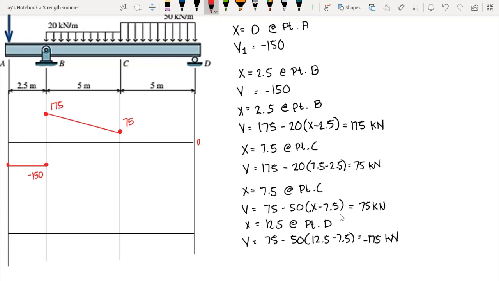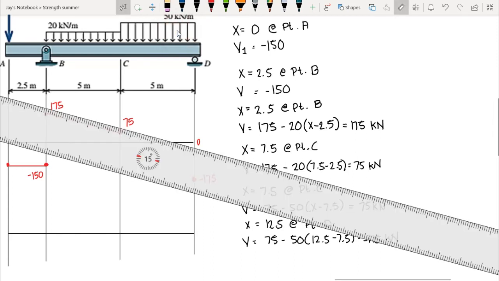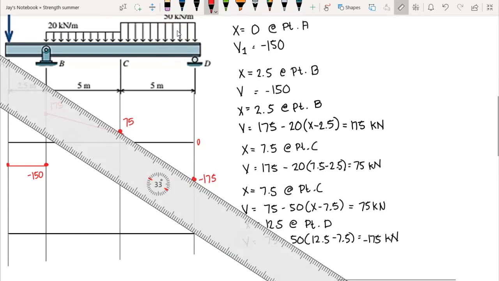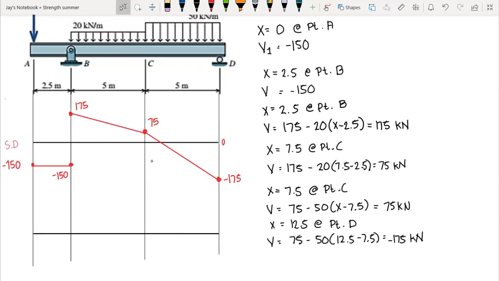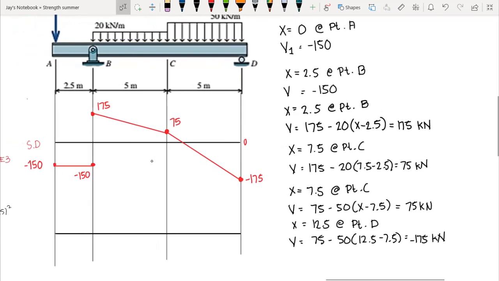Let's say at this point, that is negative 175. Again, since we have a 0 degree load, we have a first degree diagram. Then we connect these points, so we have a shear diagram. So we are done with our shear diagram. Now let's move to the moment diagram. Let's start at the leftmost of our equation.